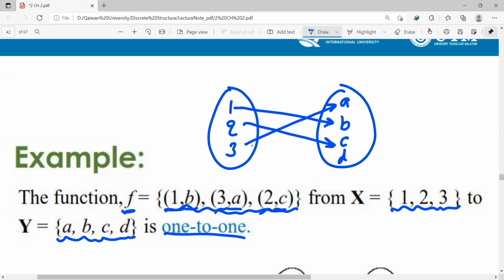We say this function is a one-to-one function. Why? Because for all elements in the domain, we have one image in the codomain. As you see here, for every two different elements in the domain, we have two different images for those two elements.